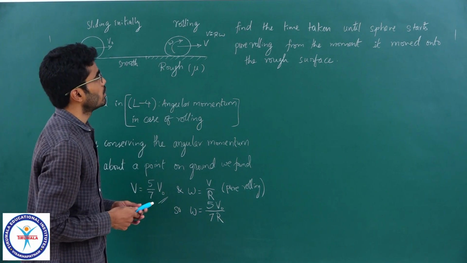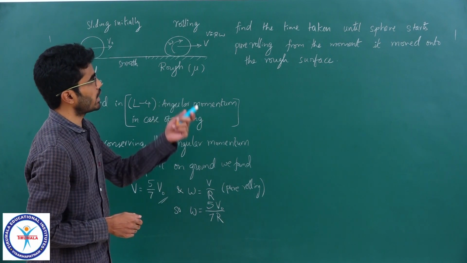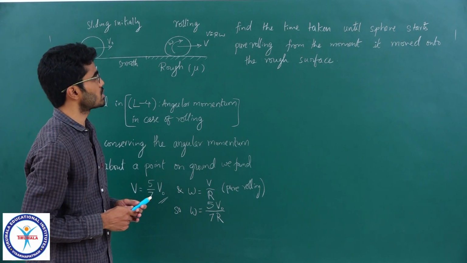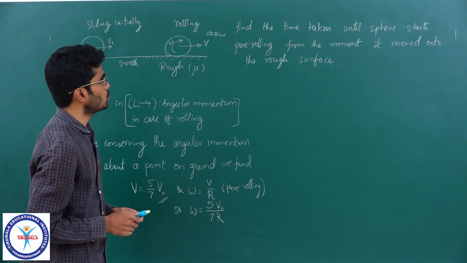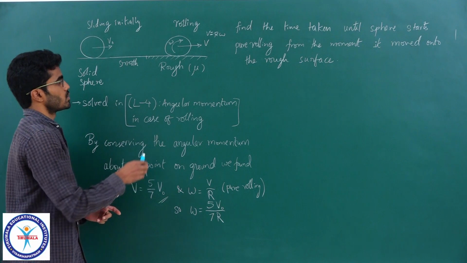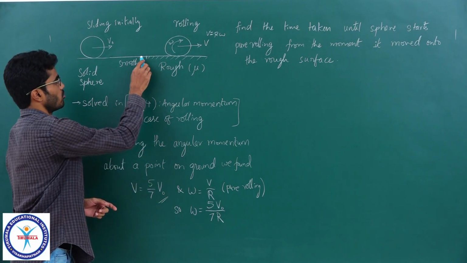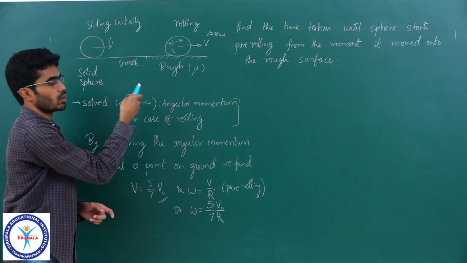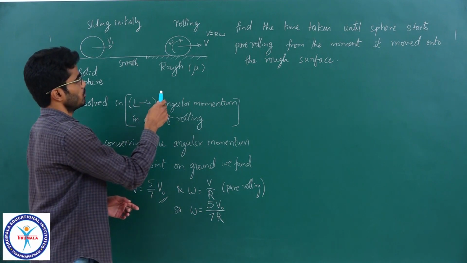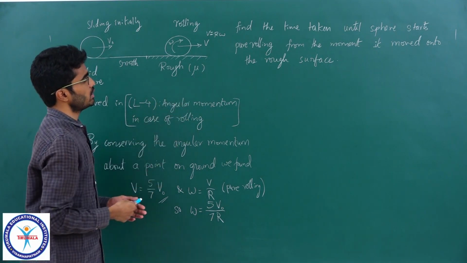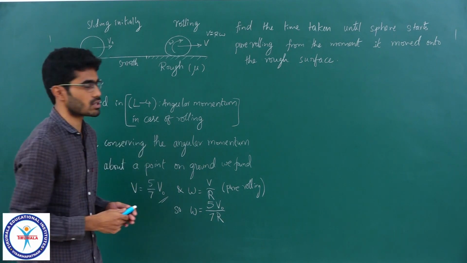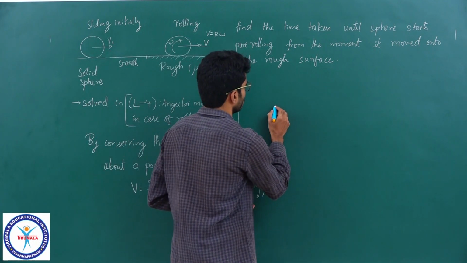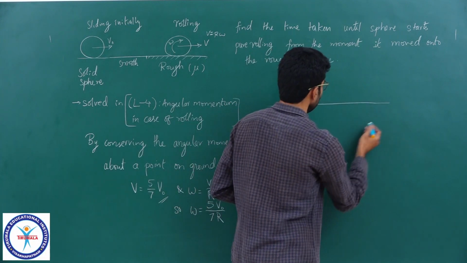Now here the question is, find the time taken until the sphere starts pure rolling from the moment it moved on to the rough surface. So from the instant when it just starts to hit the rough surface up to the instant when it started pure rolling, we have to calculate the time duration.